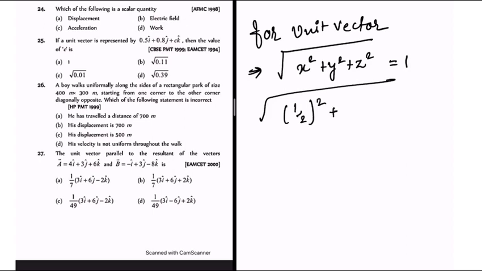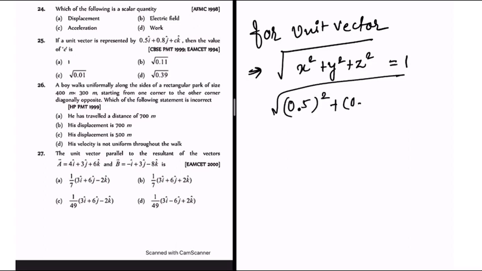0.8 is 8 by 10, or 4 by 5. No, keep this as it is, 0.5 square only. That will be a little easier for you, that's why I'm correcting. 0.5 square plus 0.8 square plus c square is equal to 1.